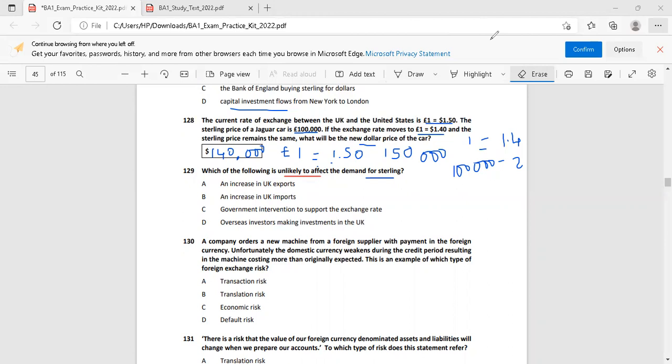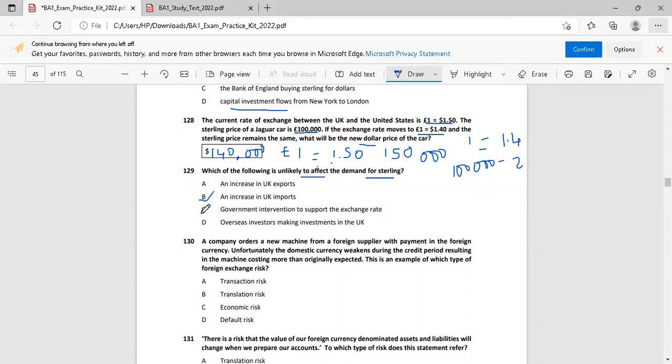Okay, logically when we think about it, if there is government intervention, the demand gets affected. Government intervention to support the exchange rate, it fluctuates. Overseas investors making investment in UK also will increase the demand. When does the demand not get affected?